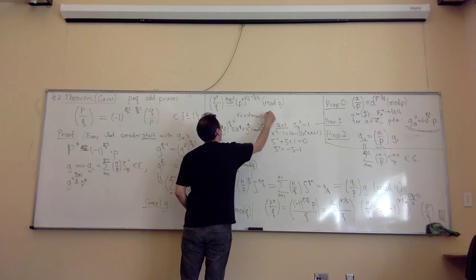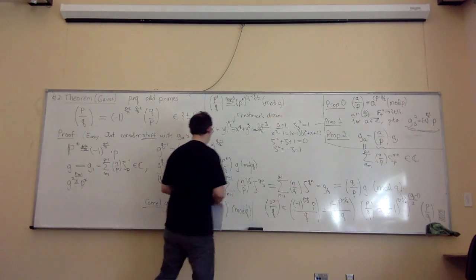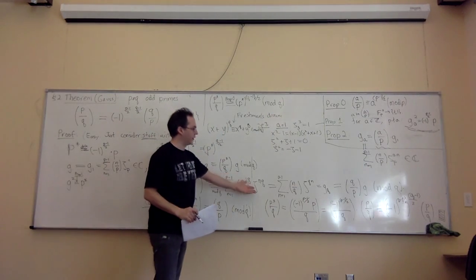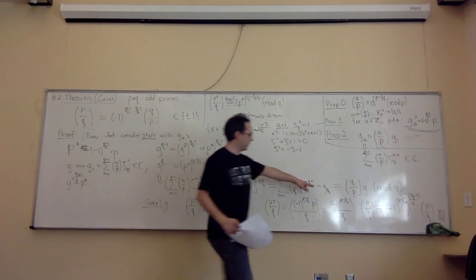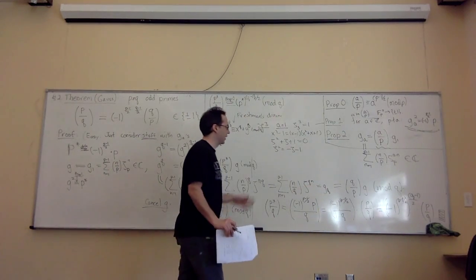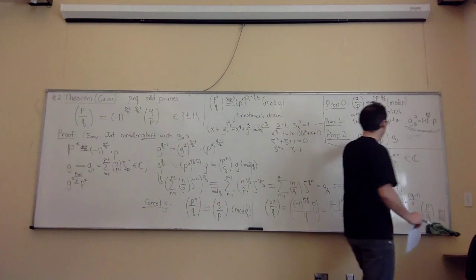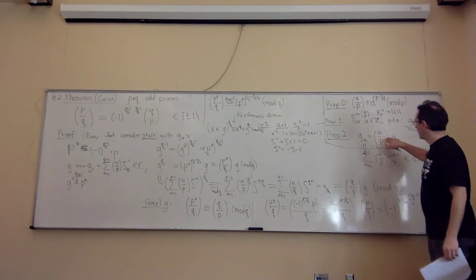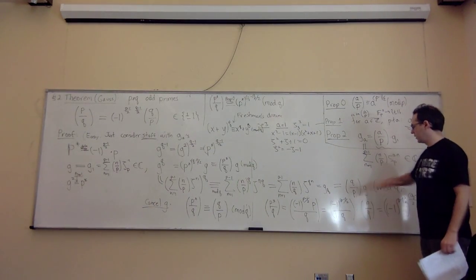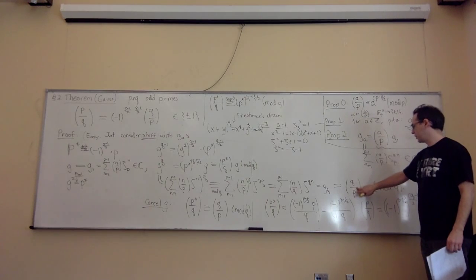To evaluate it, it ends up just naturally turning into another Gauss sum, like this. And it turns out that that other Gauss sum, by something we have not proved yet, but is actually pretty easy, is related to this Legendre symbol.